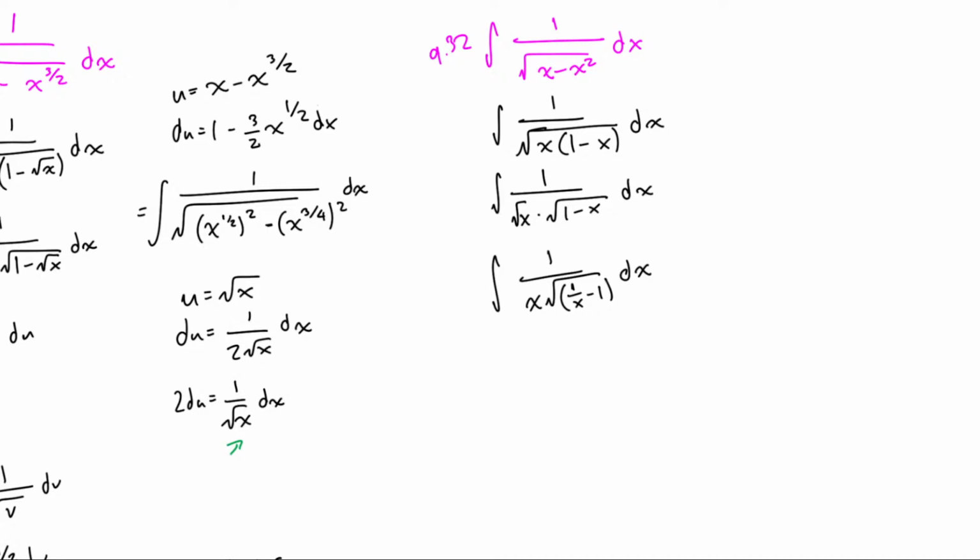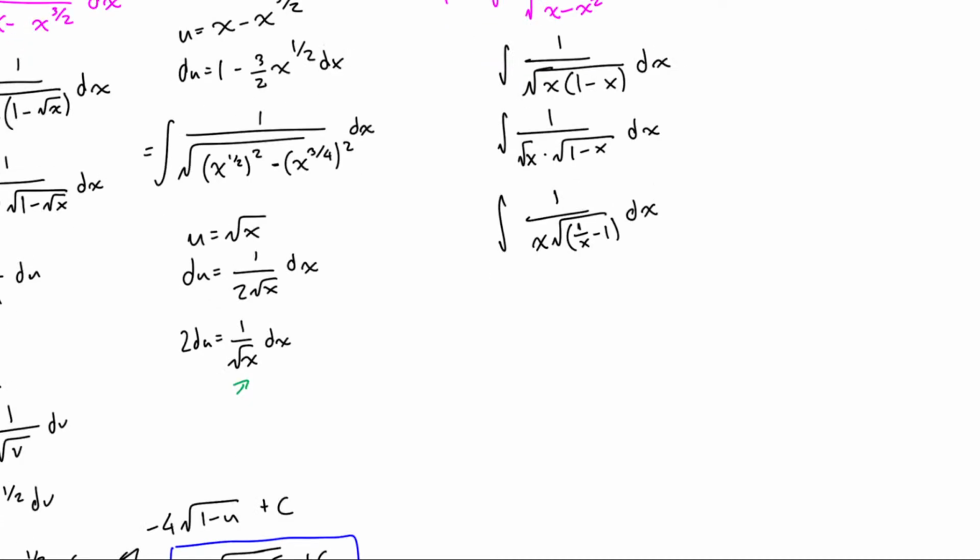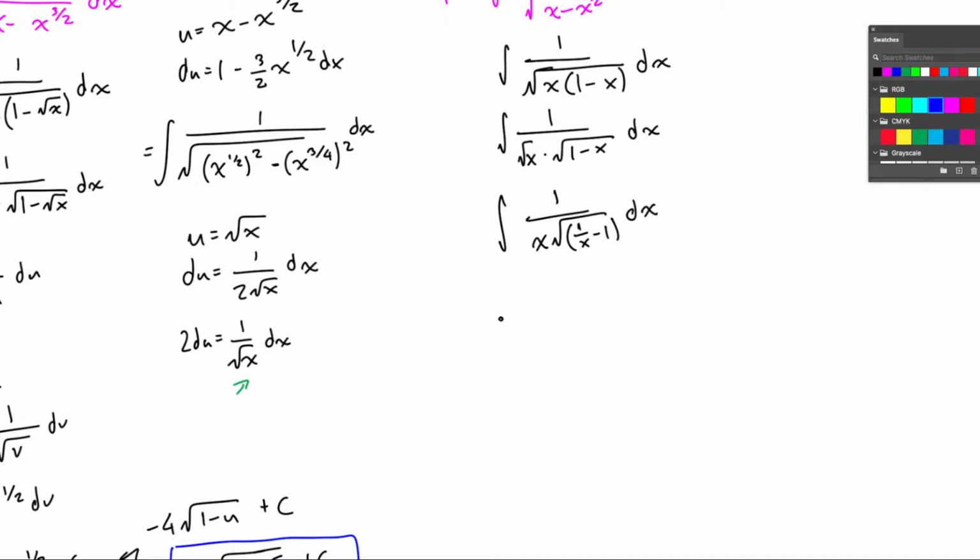And since 1 over x is equal to 1 over root x times 1 over root x, we could make it 1 over x square root of 1 over root x squared minus 1 squared dx.